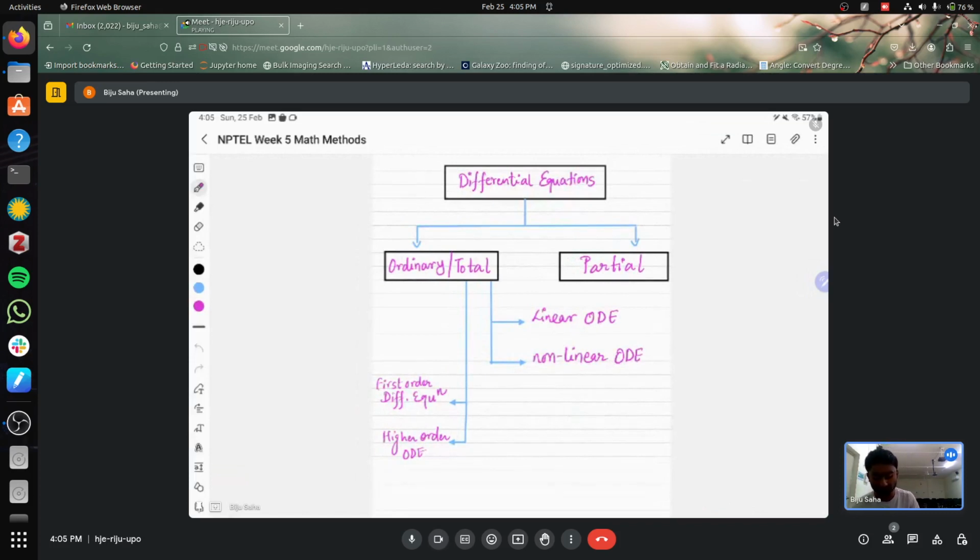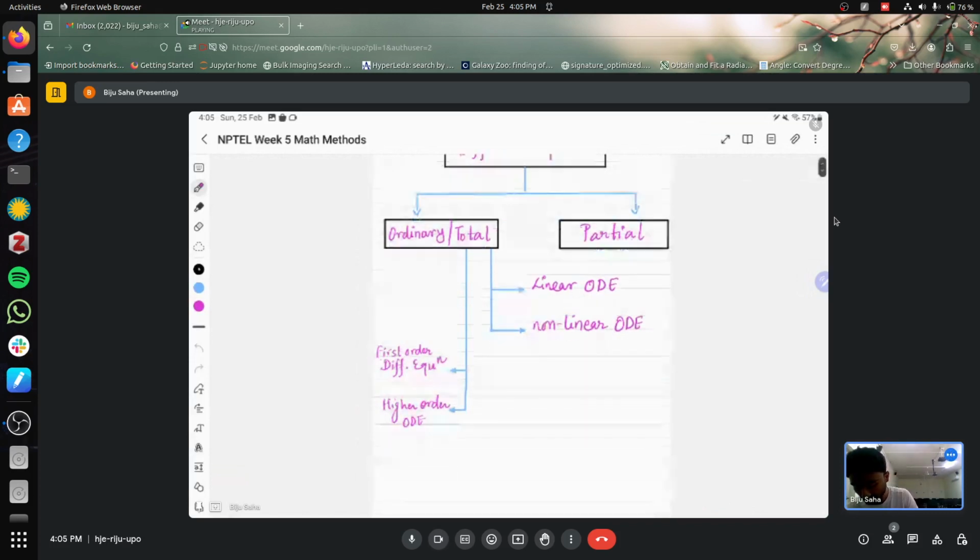If I were to give an example of each category, then this is how the partial differential equation looks. Mainly, a partial differential equation of a function f, which is a function of two variables x and y, would be: this is an example of a partial differential equation.